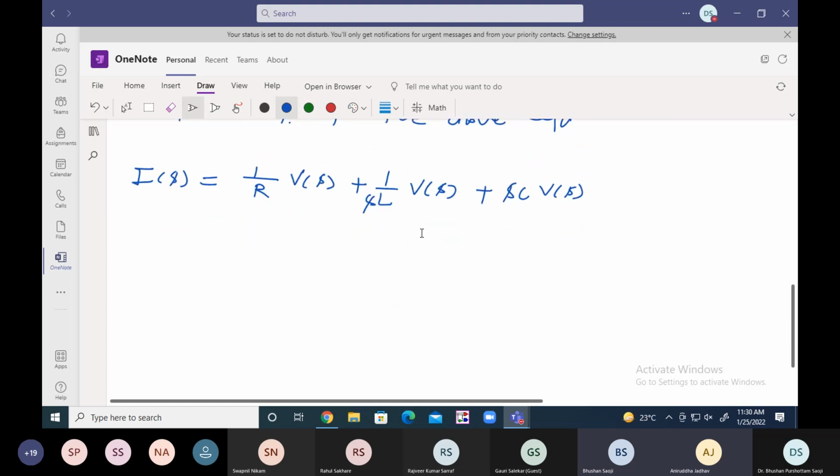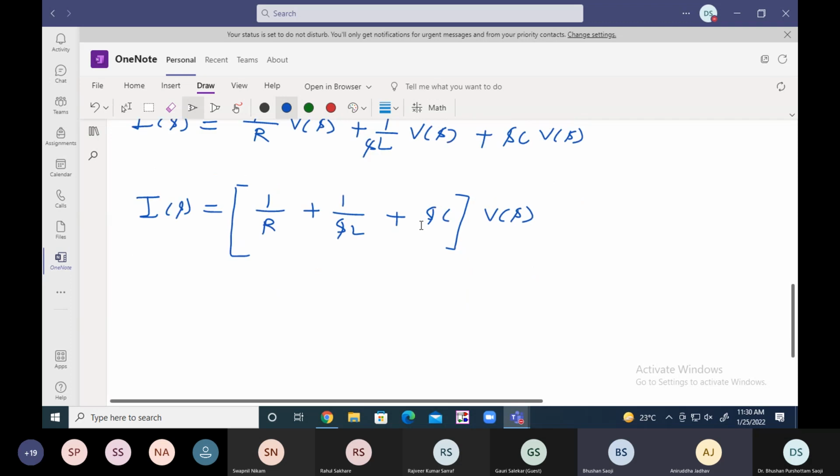So we can write I of s equals 1 by R plus 1 by s L plus s C, multiplied by v of s. So this is our equation.